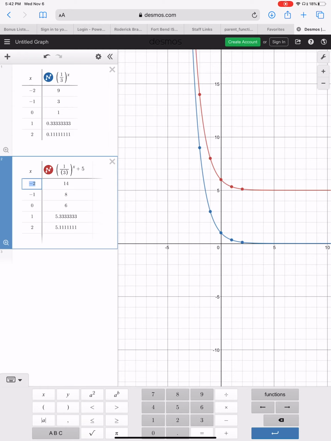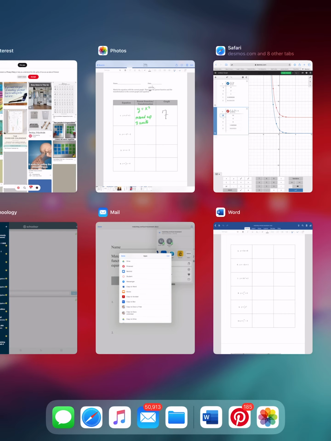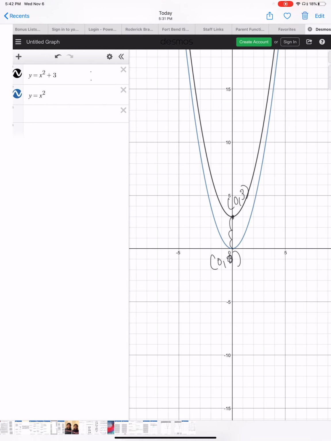But when x is 1 for the relative function, you have 5.33333. So in each case, we're adding 5. So it moved up all of those points. And if you look on the graph, those points are highlighted, and we see that each one of those points moved up 5 points.